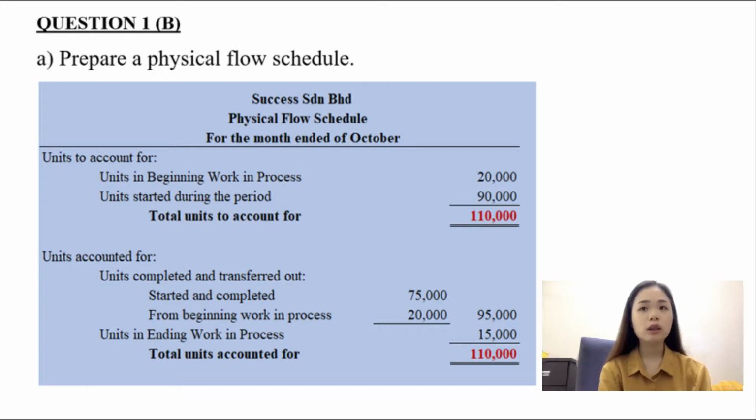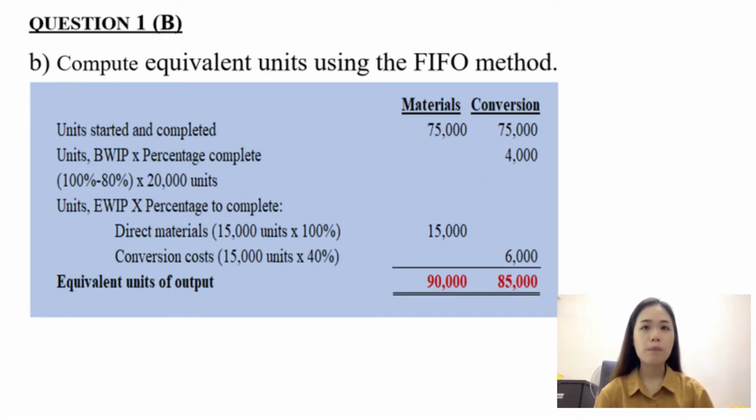So the total units completed and transferred out is 95,000 units, plus units in ending work in process, which is 15,000 units. So the total units accounted for is also 110,000 units. Compute equivalent units using the FIFO method.